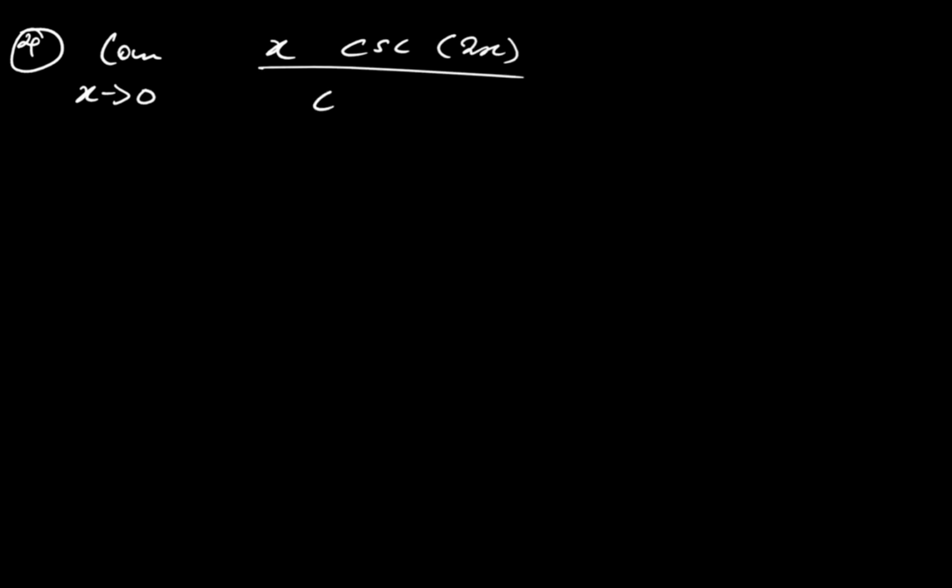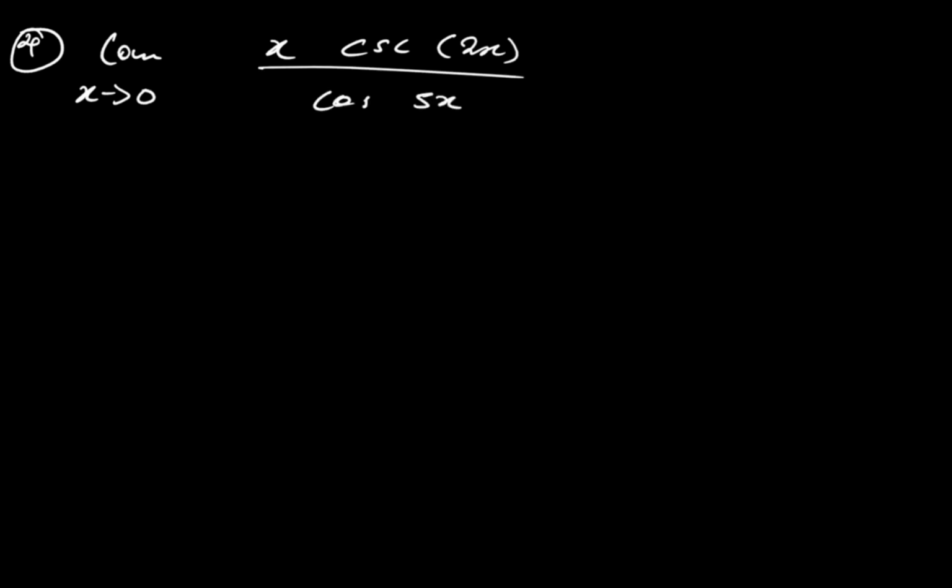Alright, so this should be question number 4 if I'm not mistaken. Suppose you have the limit as x approaches 0 of x cosecant, let's make it interesting, of 2x over cos of 5x.